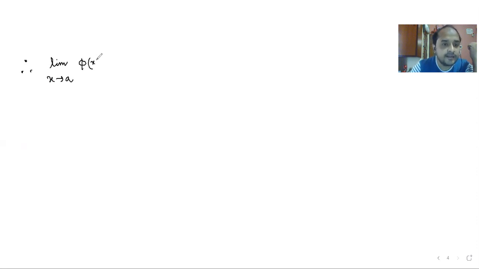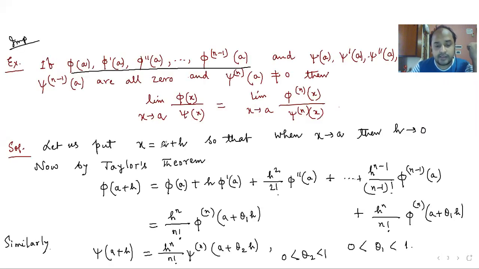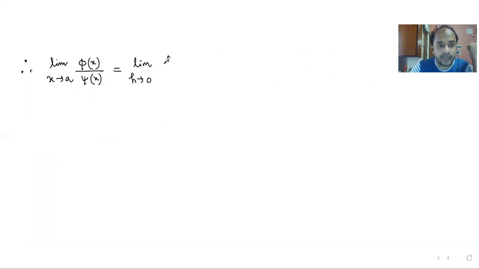phi x by psi x, this is same as limit h tends to 0, because I told you that we are putting x equal to a plus h, so that when x tends to a, h is tending to 0. So we get h to the power n phi n a plus theta 1 h, divided by h to the power n psi n a plus theta 2 h.